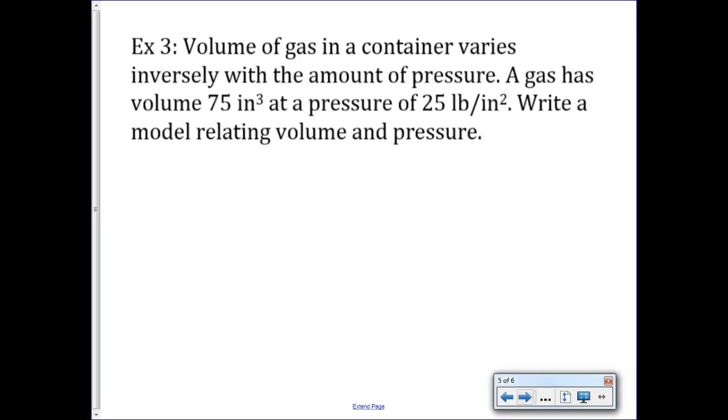Alright, volume of gas in a container varies inversely with the amount of pressure. A gas has a volume of 75 cubic inches and a pressure of 25 pounds per square inch. Write a model relating volume and pressure. So we use y equals k over x for inverse variation.